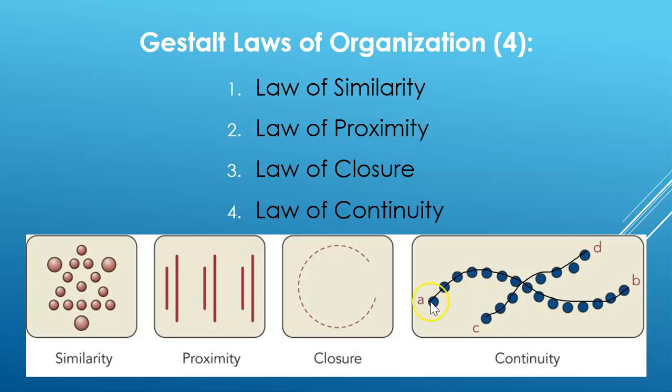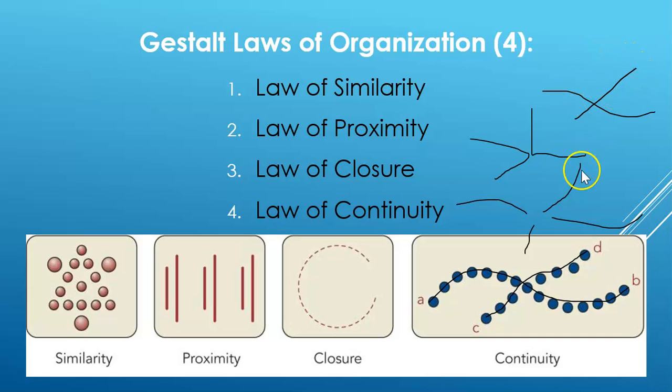Instead of seeing four separate lines, A, D, B and C, are there four lines, or is there a line that goes like that and then another one that goes like that? That doesn't really make sense. So the law of continuity says that that's one line, and the second line goes like that.